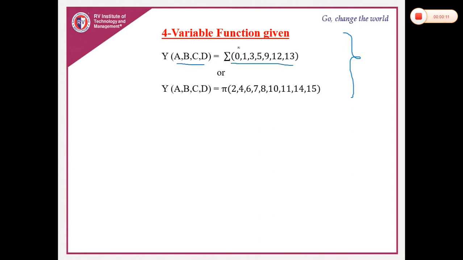Randomly I have given it as a summation of 0, 1, 3, 5, 9, 12, 13. What exactly does that mean? At inputs 0, 1, 3, 5, 9, 12, 13, the output is 1. For all other remaining inputs, the output is 0.